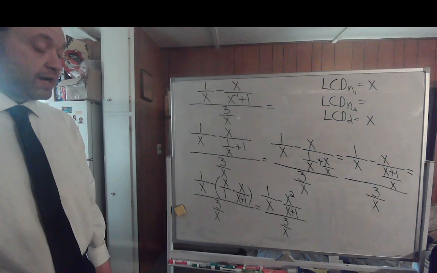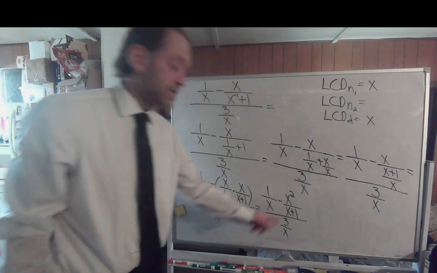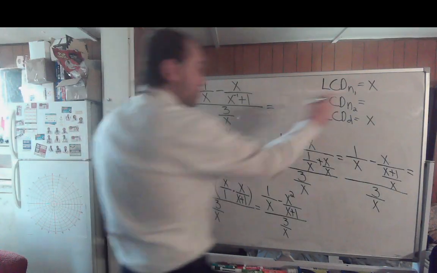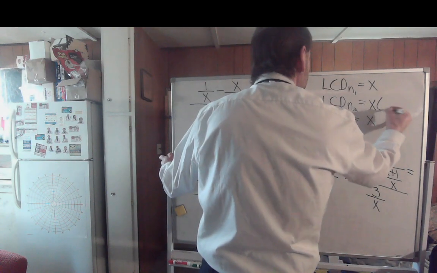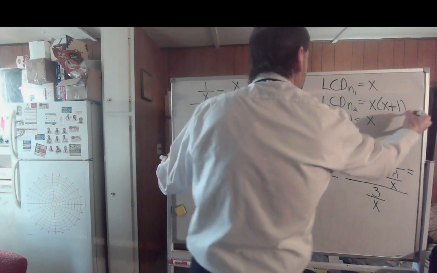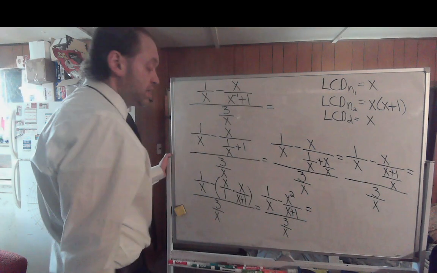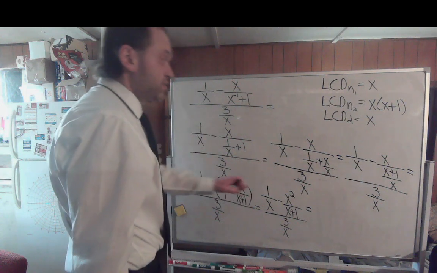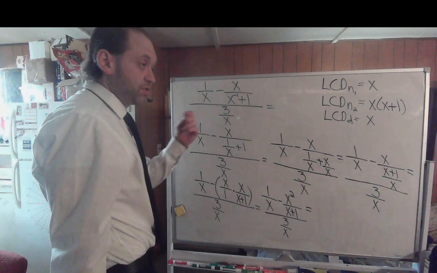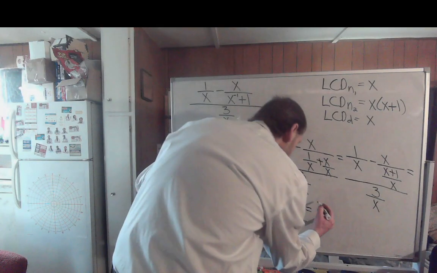The numerator, you have an x and an x plus 1, which means the total numerator's common denominator is going to be x times x plus 1. Which means then you have to multiply the first term of the numerator with both the numerator and denominator times x plus 1.